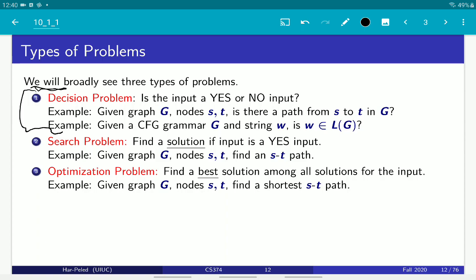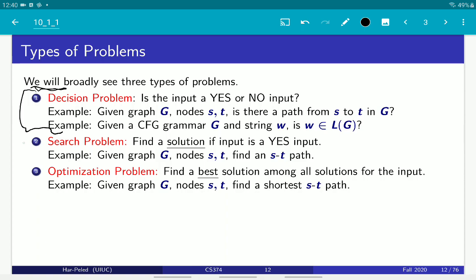The decision problem is the easiest version of a problem. Given an input, you have to say yes or no. When we talked about languages, it was, is this string in the language or not? So that's pretty simple. For example, problems of this type can be: given two vertices in the graph, is there a path between those two vertices? The answer is either yes or no.